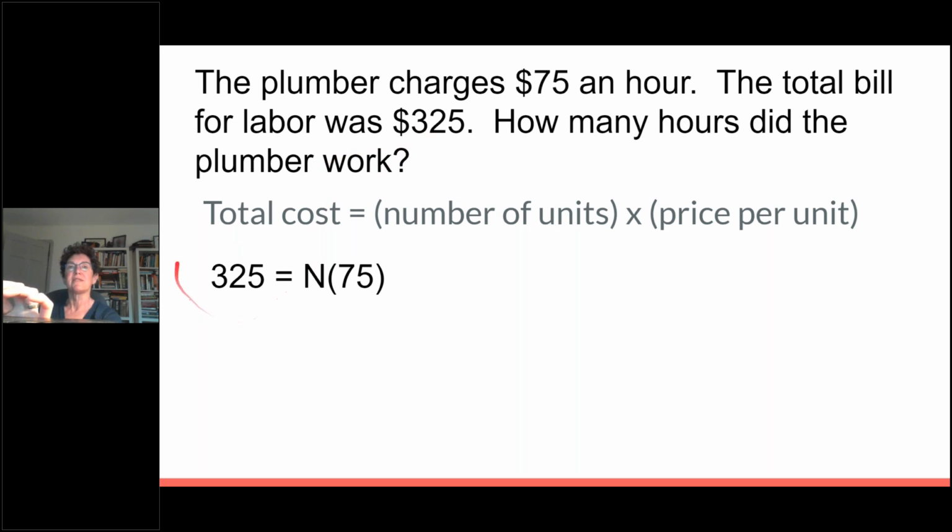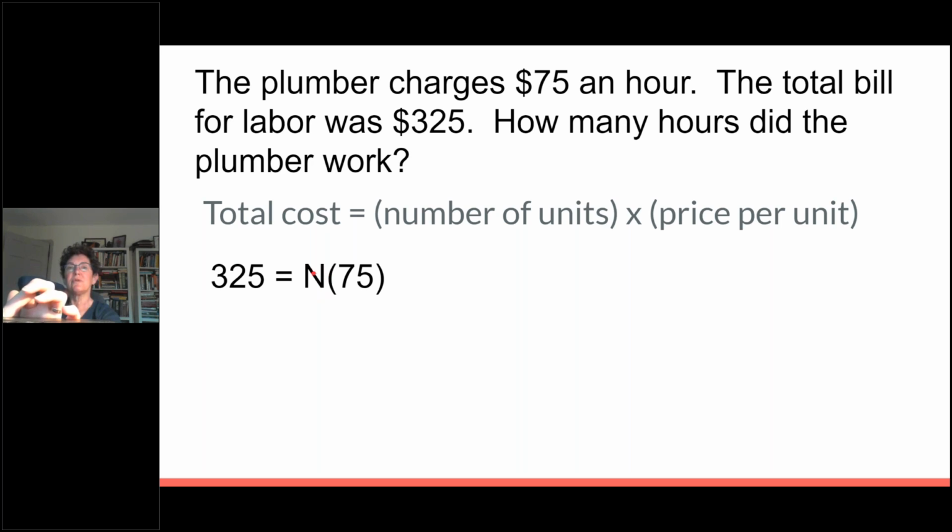Our total cost that we substitute in is $325. They're asking us how many hours. In this case, that's the number of units. So we're giving that the variable N. Could have also used H for hours. And then the price per unit, 75.